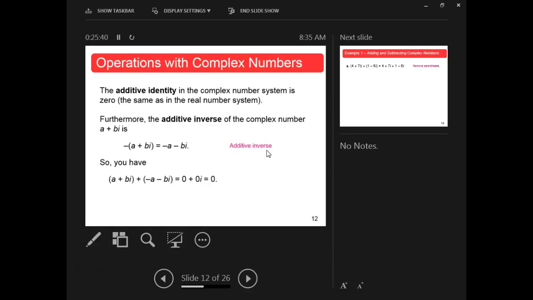It's the number that's exactly the opposite of that. When you add this number and that number together, a minus a gives you 0, b minus b gives you 0, so you've got 0 plus 0i, that's your additive identity, 0. That's exactly what we showed. Not something we use a whole lot, but perhaps.